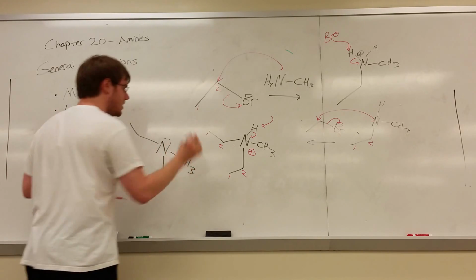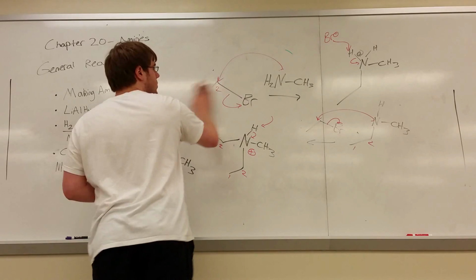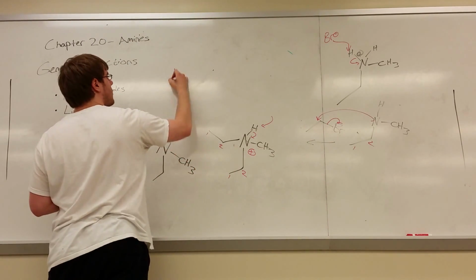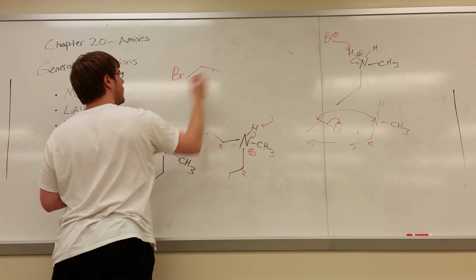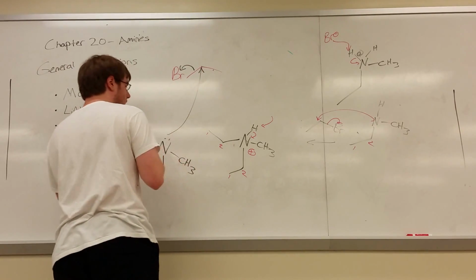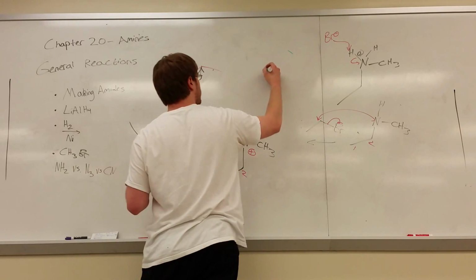But guess what? It still has a lone pair, so it's not even done then. It's going to add a third time, which means one more time that nitrogen will attack the carbon with the leaving group on it. Kick it out, and we'll be left with this as our final product.